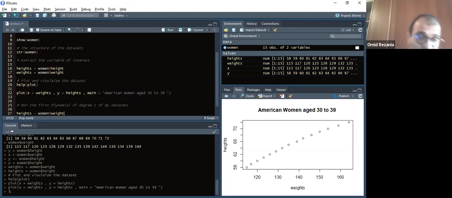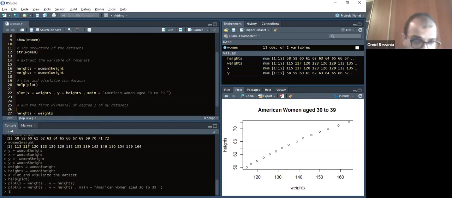But before, I remember I created an object which is called weights. Weights essentially represents all of this. Then I can erase it and write simply weights, or whatever you have written.